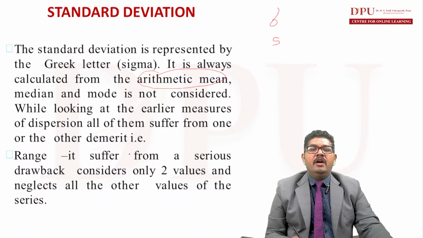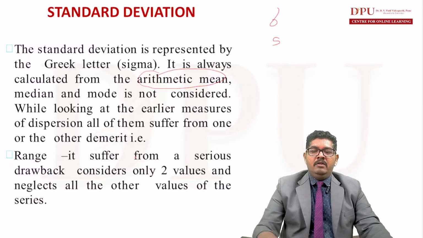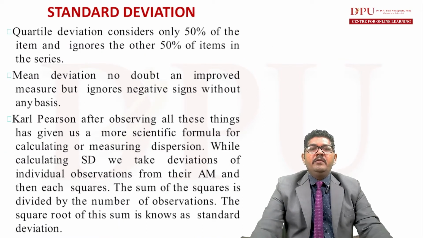Range suffers from a serious drawback as it considers only two values for the calculation, and quartile deviation considers only 50% of the data and ignores the other 50%. Mean deviation, no doubt an improved measure of dispersion, but ignores negative signs without any basis, and therefore all these measures of dispersion like quartile deviation, range and mean deviation lack a scientific base, as well as they have some demerits.